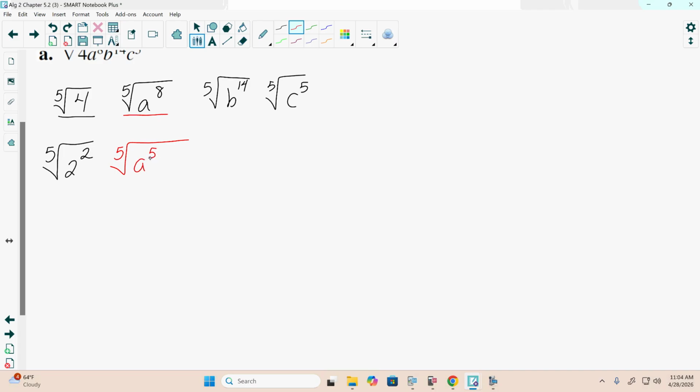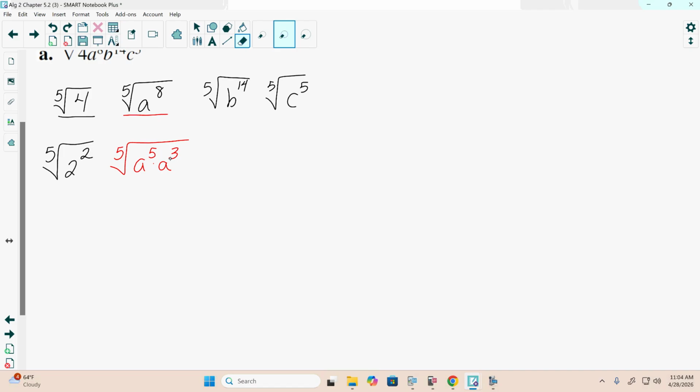With 8, I do indeed have one group of 5 a's, yes? But how many more a's are being multiplied together? Because we have 5 of them, then do I have another set of 5? How many more do I have? 3, because they have a total of 8. Because when we multiply like bases, we add those exponents.